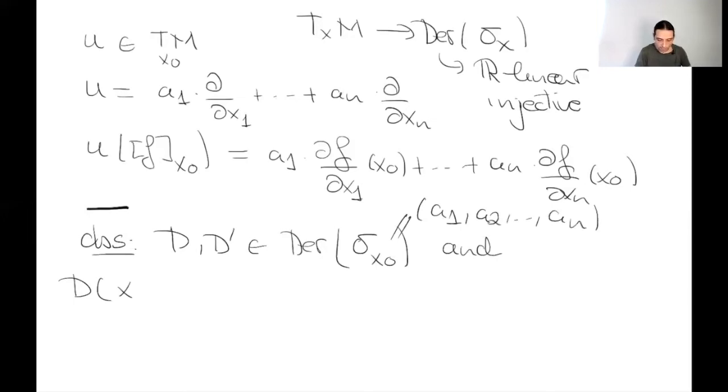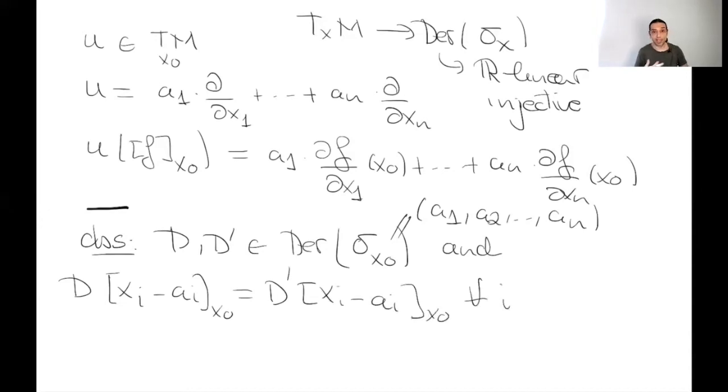And if we have the derivation of xi minus ai, this is the germ of this at the point x0, right? If we have this equality for all i between 1 and n, of course, then what happens is that these derivations are the same.